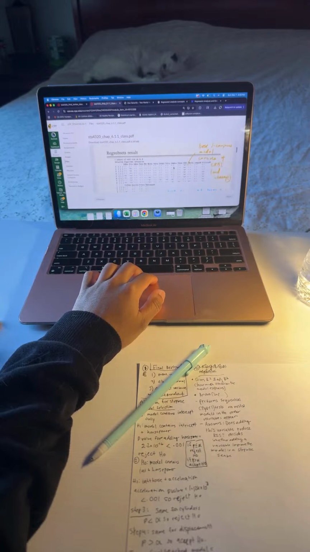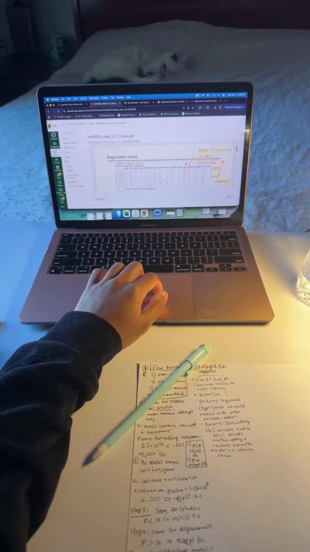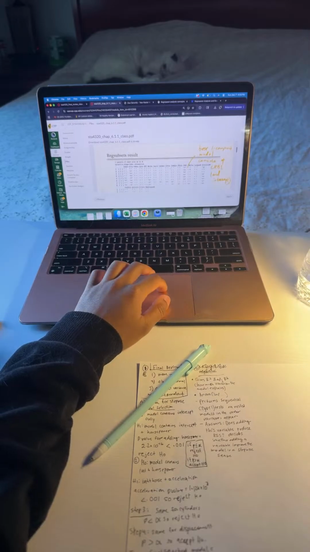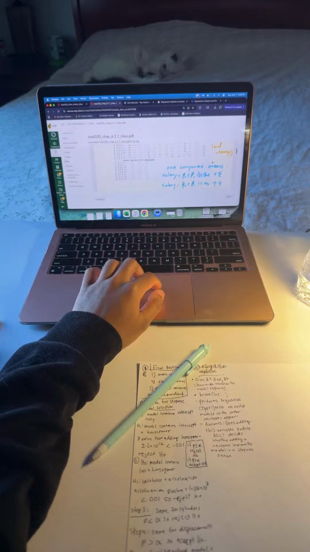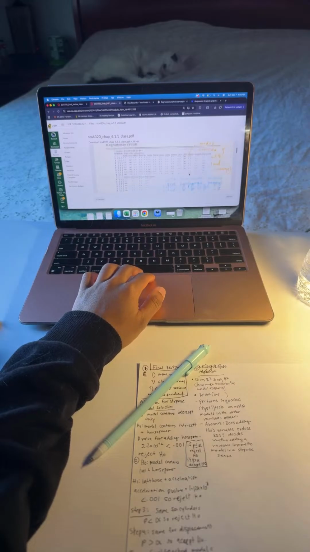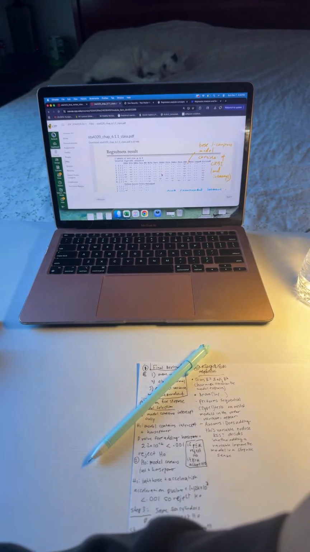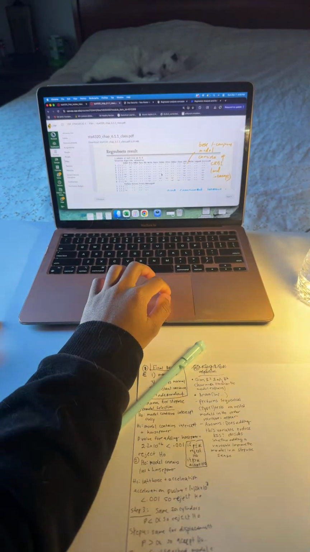Okay, so the best one component model consists of CRBI and intercept. What is a one component model? Oh, one component model means CRBI and intercept.